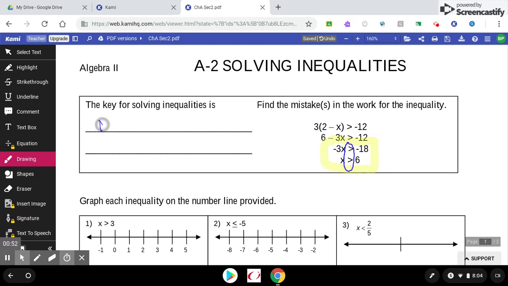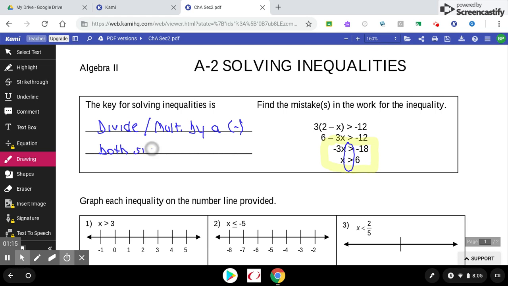Multiply and divide are basically on the same level when solving equations and inequalities. So if you multiply or divide by a negative, keep in mind it has to be on both sides.